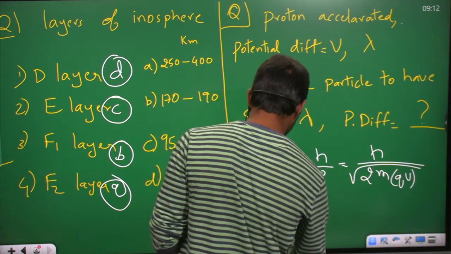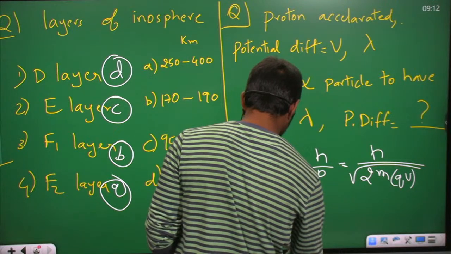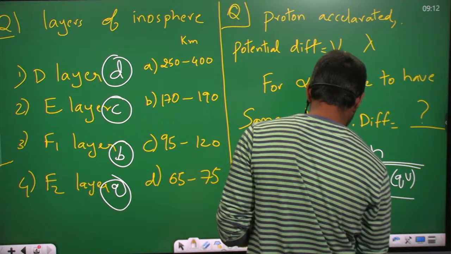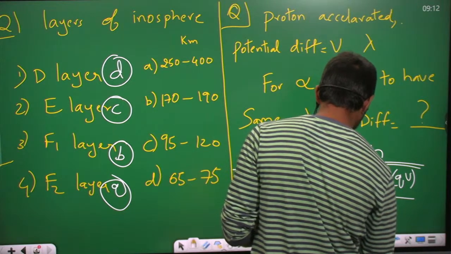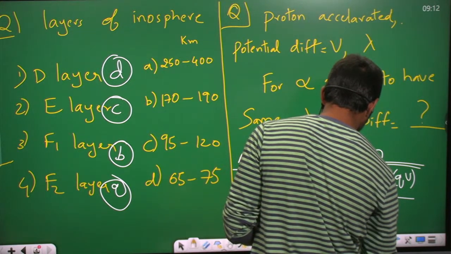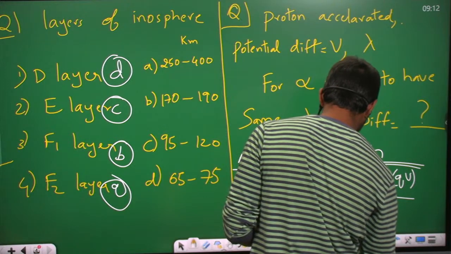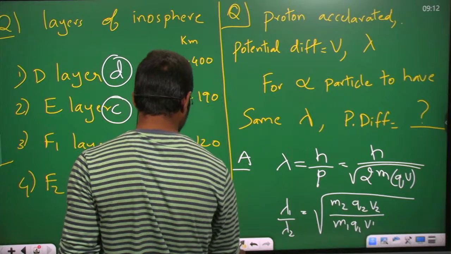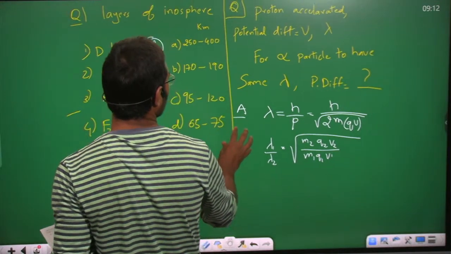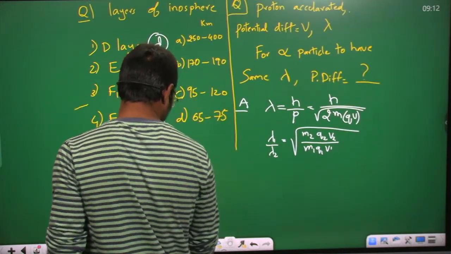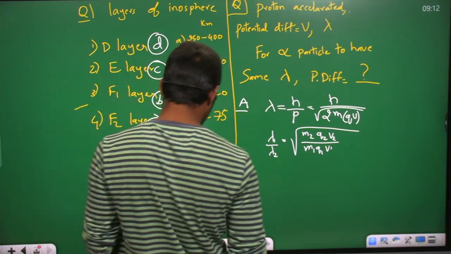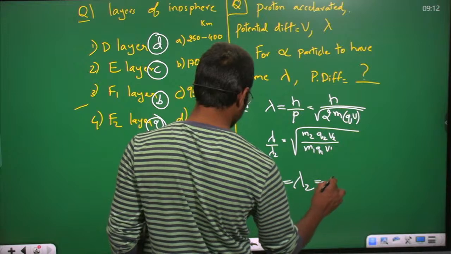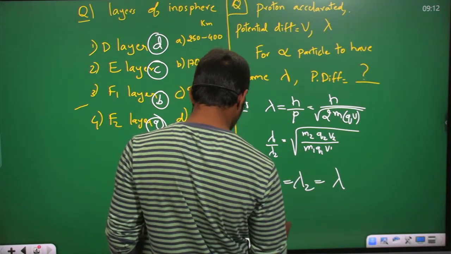Lambda 1 by lambda 2 is equal to under root of m2 q2 v2 by q1 v1. So, if you try to proceed, given that lambda 1 is equal to lambda 2 is equal to lambda, find v2.